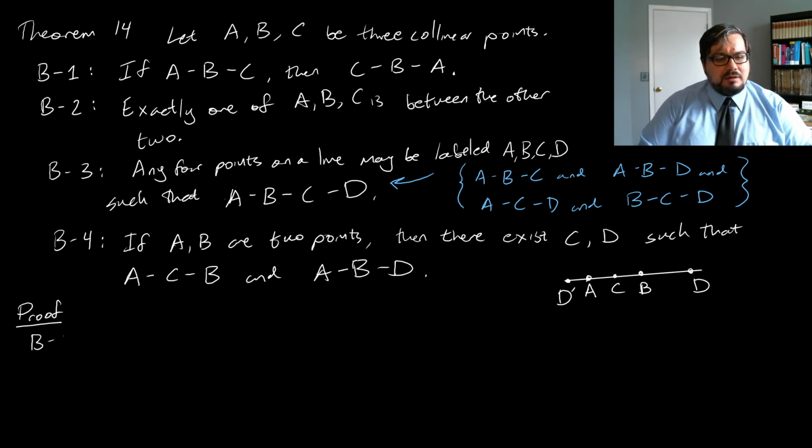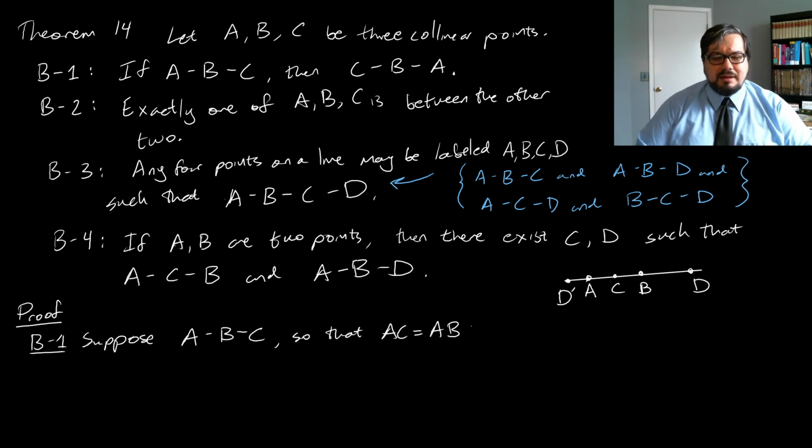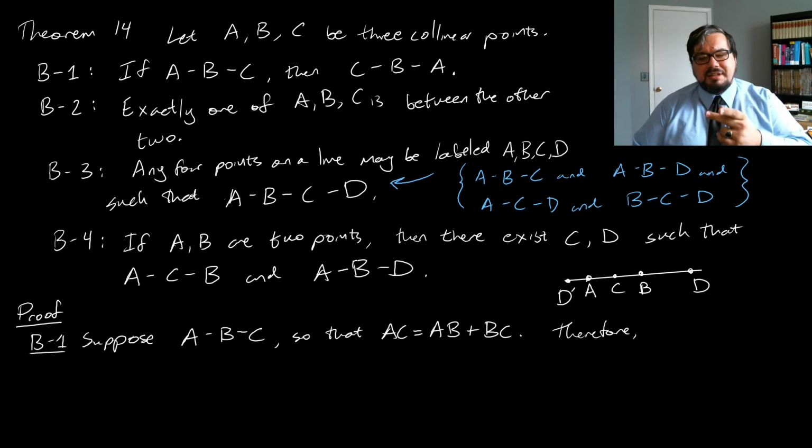So for B1, let's suppose that A, B, C, which means that AC is equal to AB plus BC. Now, if we change the order of all of these distance terms here, that's not going to change the actual distance.